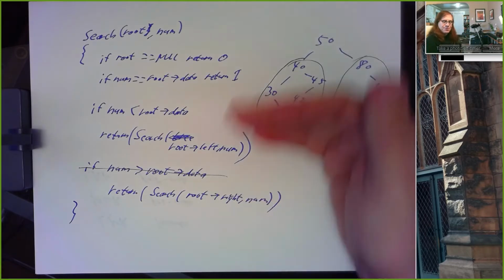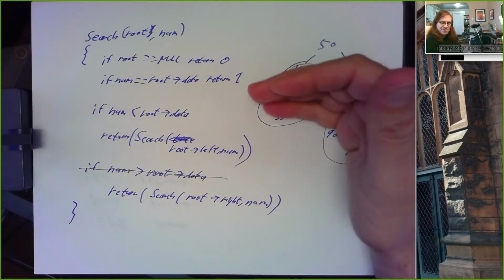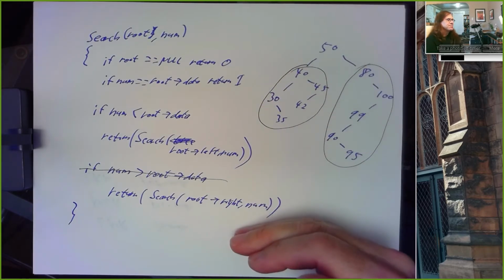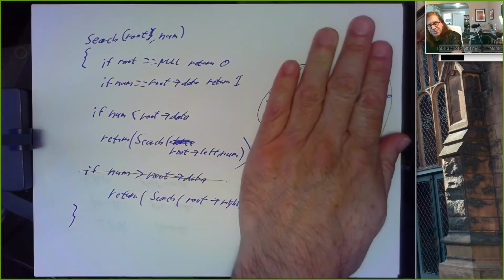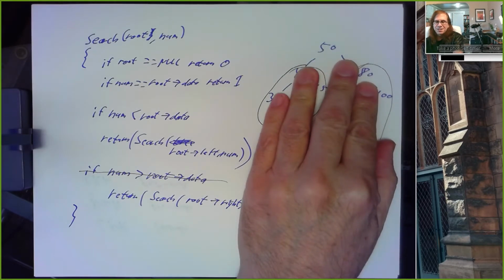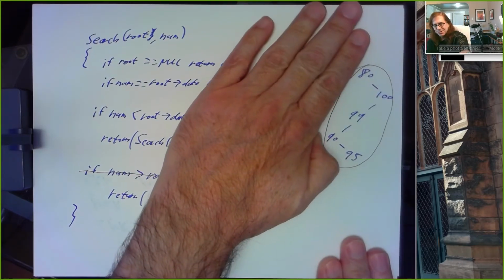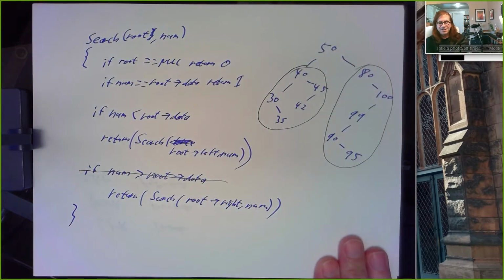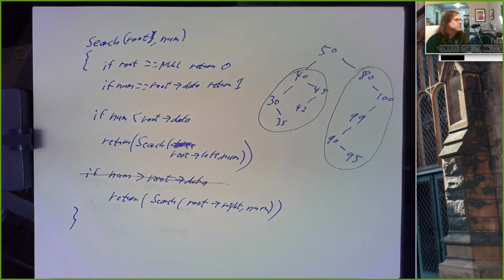Now there's a lot of weird stuff going on behind the curtain here, but in terms of logically thinking about what this algorithm does, it's pretty straightforward. It's really the idea: if your tree's empty, your data's not in there. If your data is at the root, it is in there. Otherwise, see if it's in the left subtree or the right subtree. And if it is, then it's in the whole tree. And if it's not in the left and it's not in the right, then it's not in the original tree. Make sense?